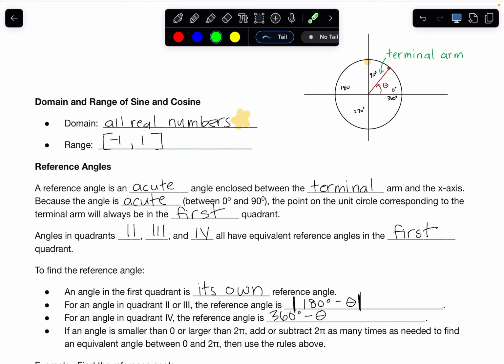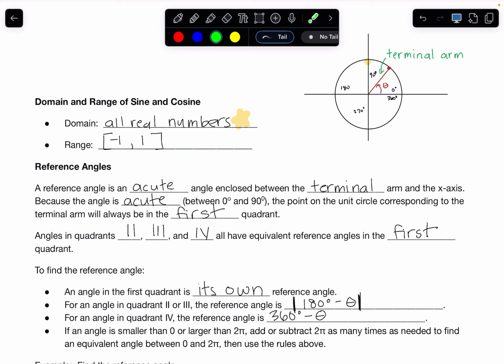If the angle is bigger than 360, bigger than 2 pi, keep subtracting 360 until you get a number between 0 and 360. So you're back into a single loop of the circle, and then use those first 3 rules.